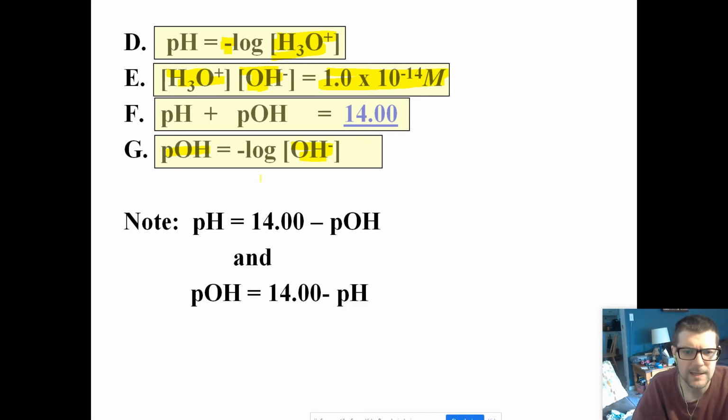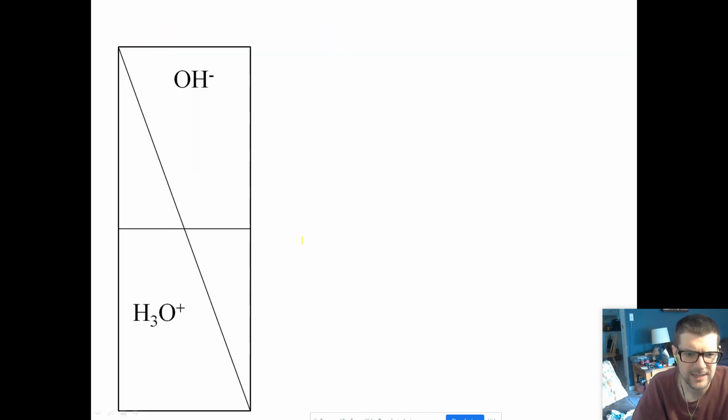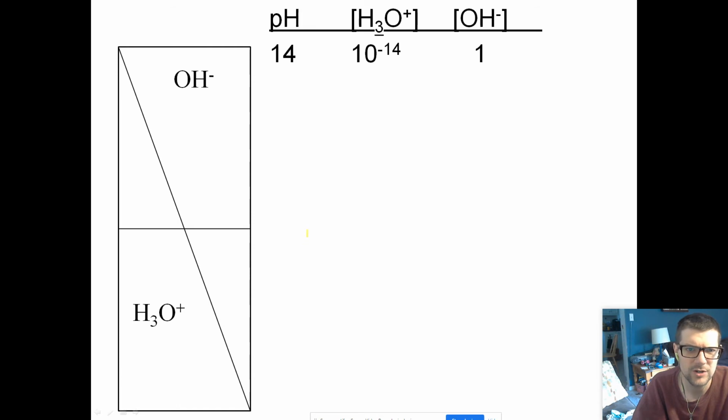So let's take a look at a scale here. This is an interesting little chart where, if something is a very strong base, you would have a pH of 14, you would have pretty much no hydronium ions, a very, very low concentration, and a very, very high concentration of hydroxide. That's up here, boom, all hydroxide.